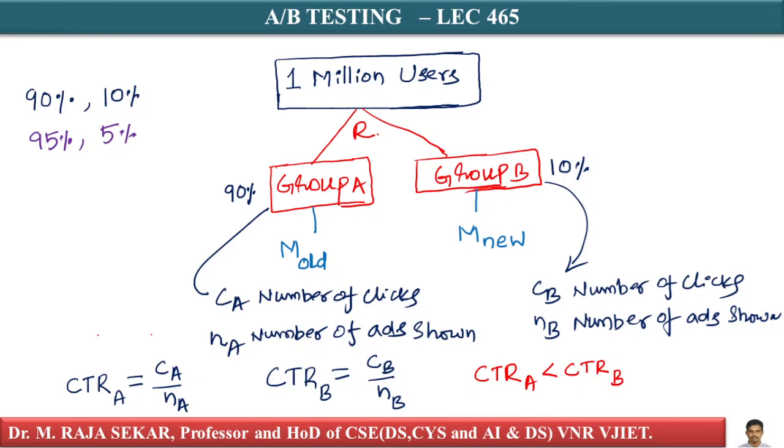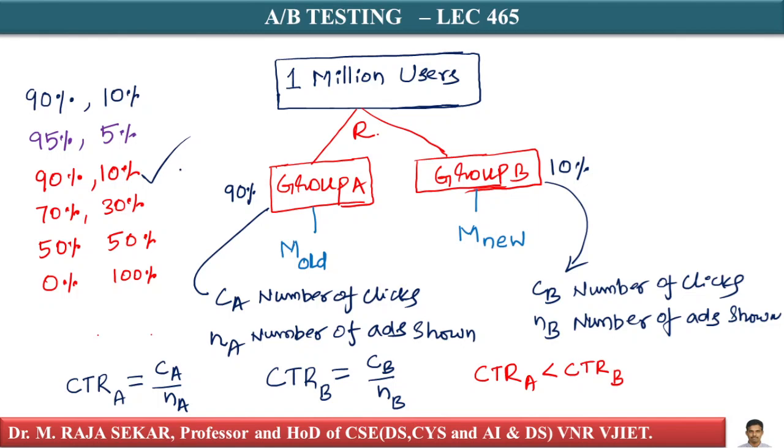If the new model is performing better for a couple of days, let's increase the percentage of traffic to 90-10%, and slowly do 70-30 and 50-50. Eventually, when I am very sure that yes, my new model MNew is performing better than the old model, my old model will get 0% traffic, and all the traffic goes to model B, the new model.